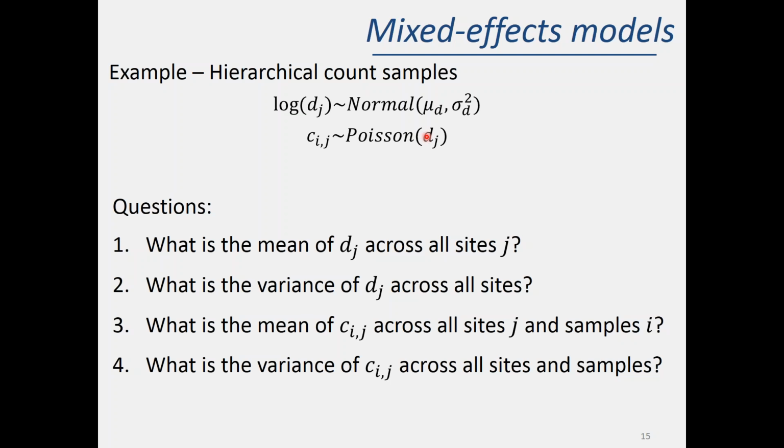So the remainder of the time would be walking through an R script and a CPP file for doing a generalized linear mixed model with the same model we were just looking at.